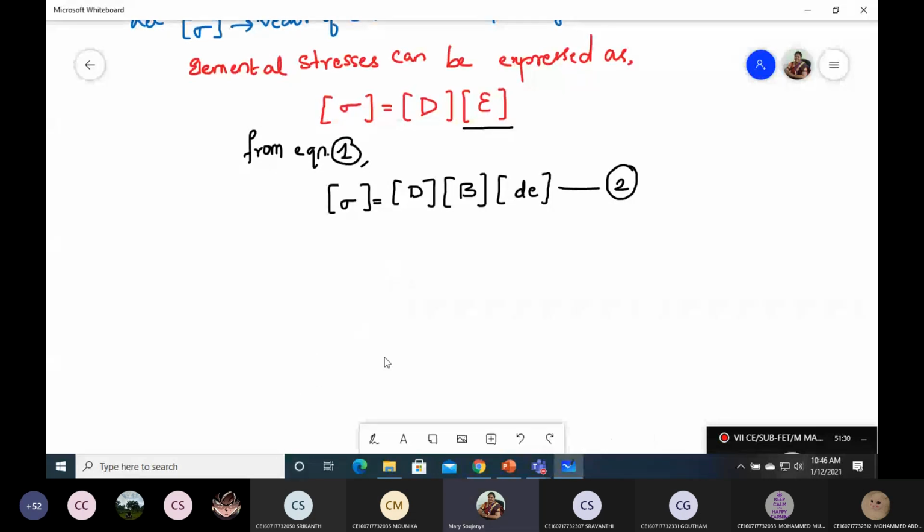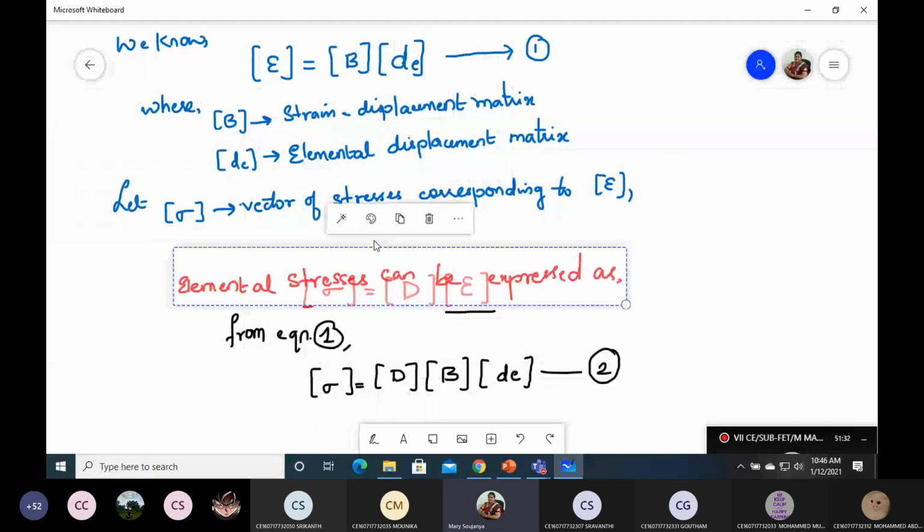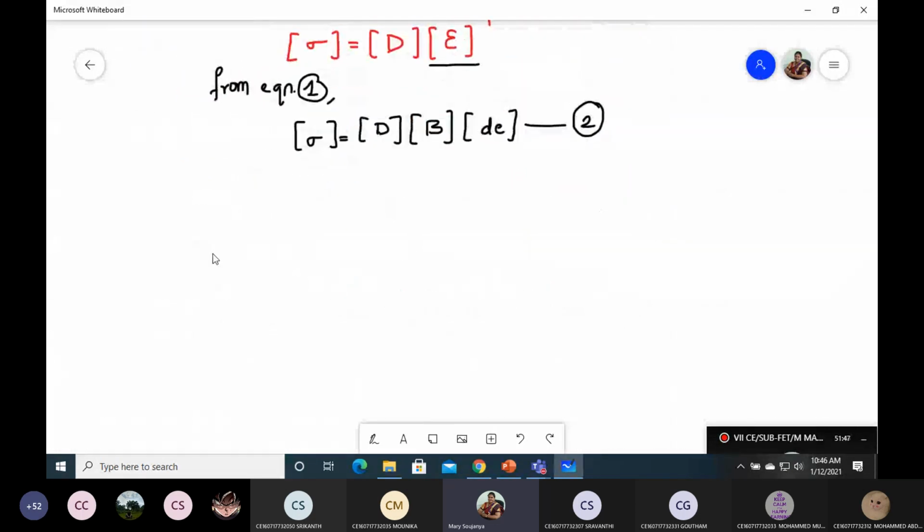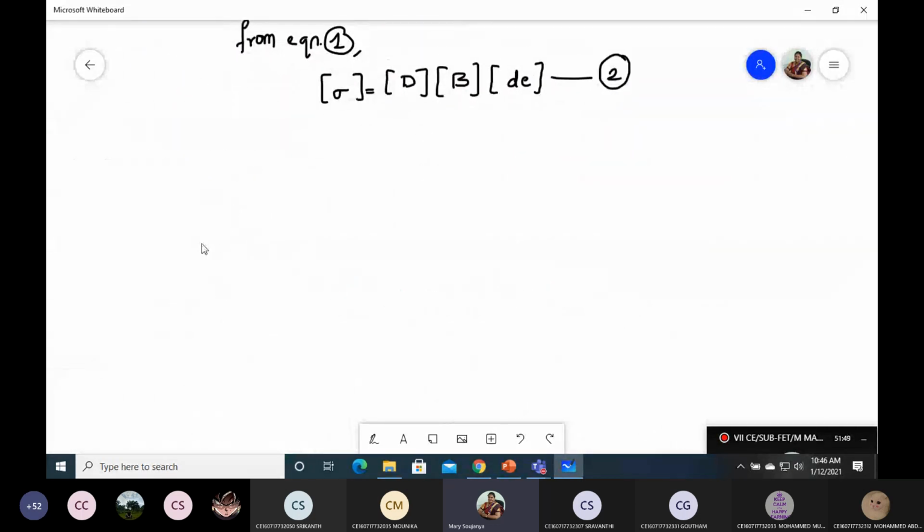That is why, very first in the beginning, we have written equation number 1 here: epsilon matrix. So we have taken that epsilon matrix and substituted that in the stress strain equation. That is equation number 2. Now, what is this D matrix also? You may please note it down.